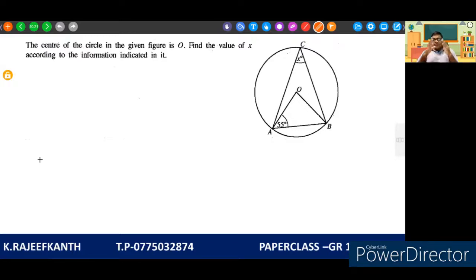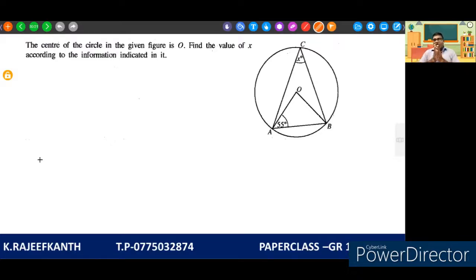So by using that theorem, you can find the magnitude of angle ACB, or the value of x.